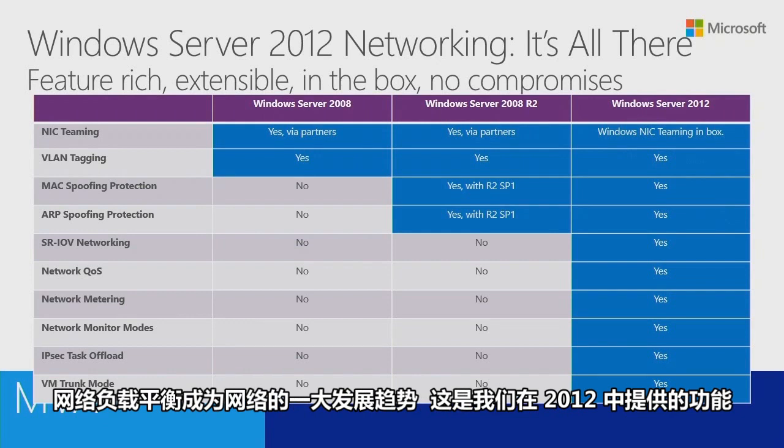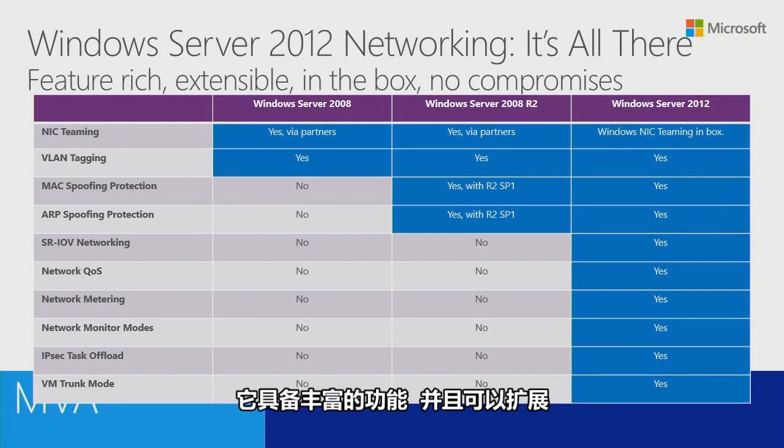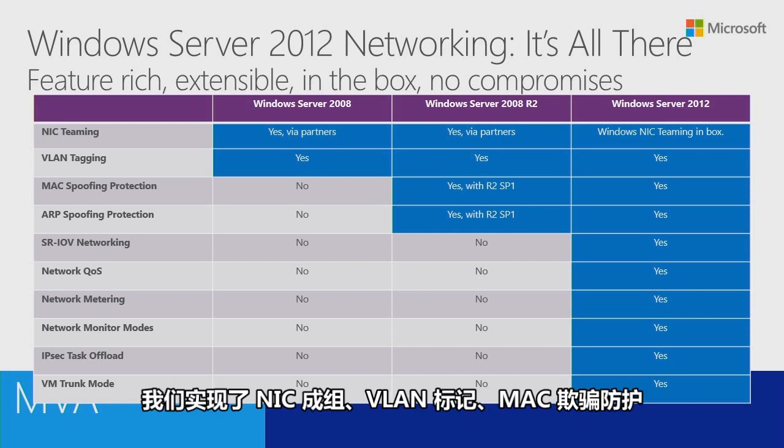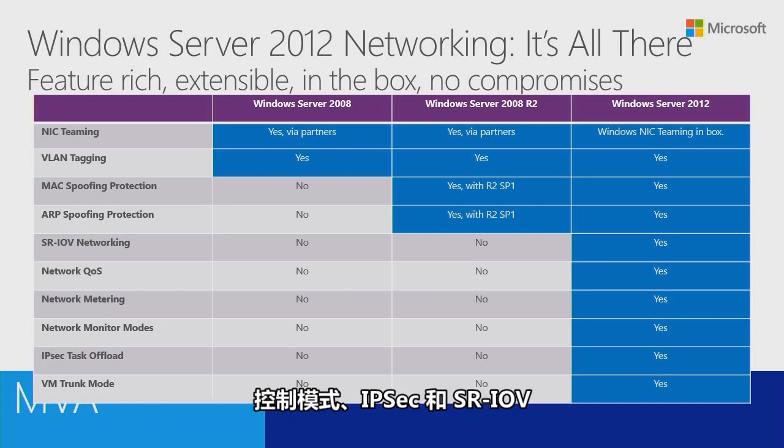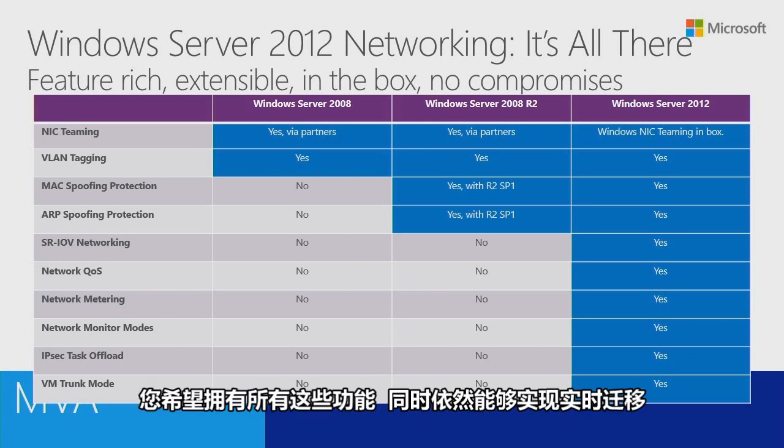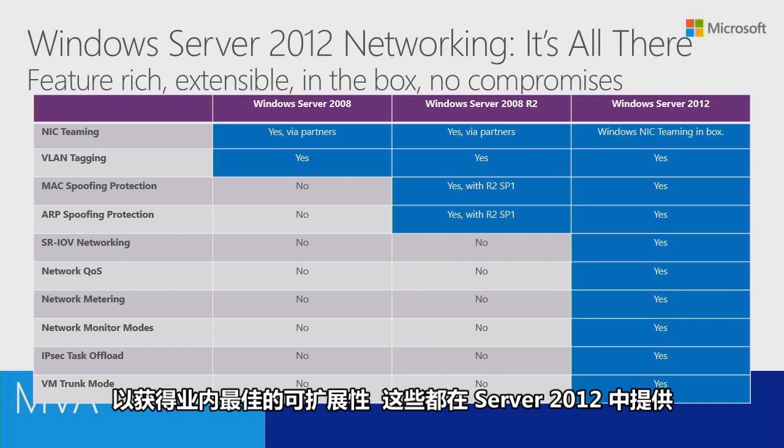And this is what we've delivered in 2012. It's feature rich, it's extensible, and there's no compromises. You want NIC teaming, VLAN tagging, MAC spoofing protection, ARP spoofing protection, SRIOV, networking QoS, metering, monitor modes, IPsec, all of this while still keeping live migration and giving you the best scalability in the industry. It's all here in Server 2012.